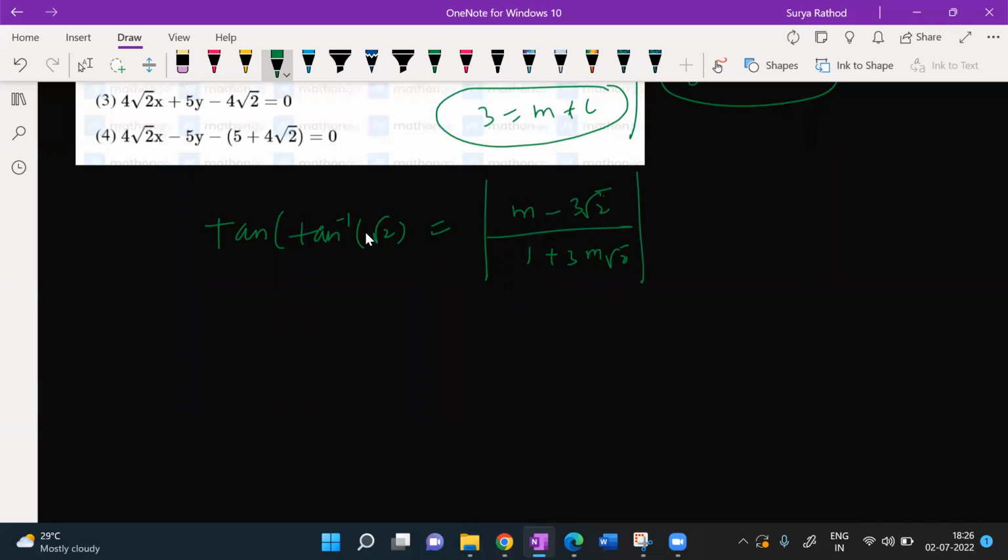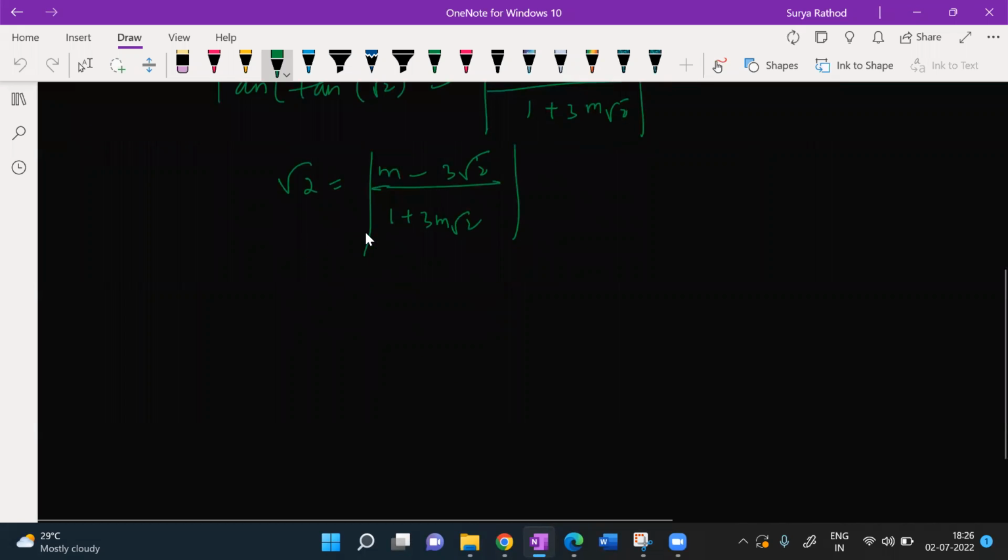Okay. So root 2 is equal to (m minus 3 root 2) divided by (1 plus 3m root 2). Now we have done this, so it will be distributed in two ways, plus or minus, right?